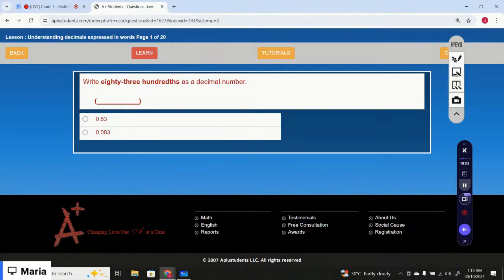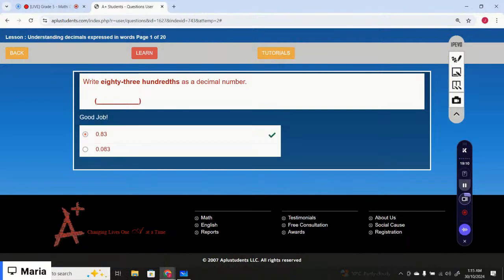The correct option is 0.83. Very good. Option number 1 is the correct option. That is 0.83. Very good.